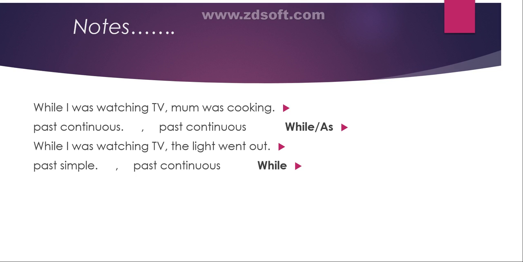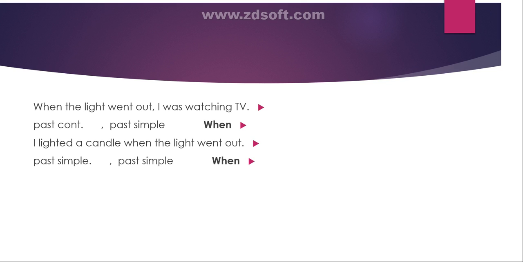Normally we use past continuous after while. So, when the light went out, I was watching TV. Here I put past continuous, past simple, and then when. I lit a candle when the light went out. Past simple, went. We normally use past simple with when.